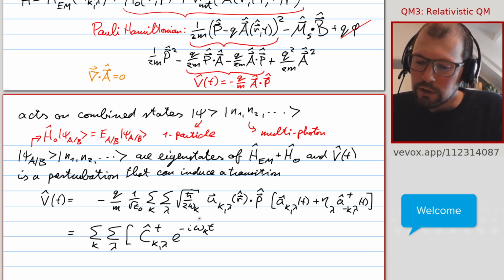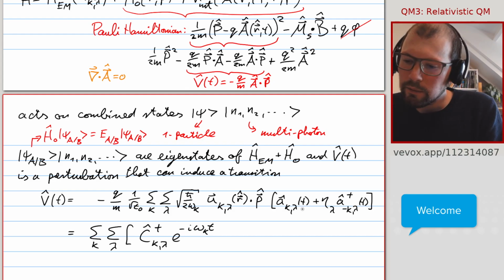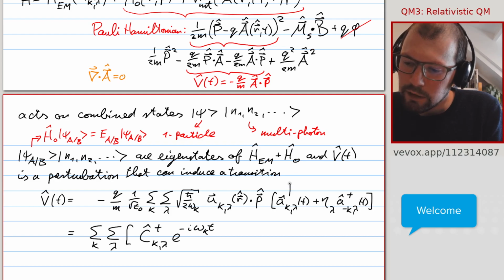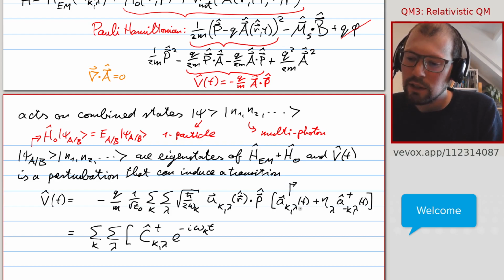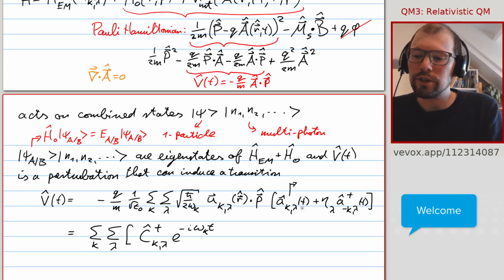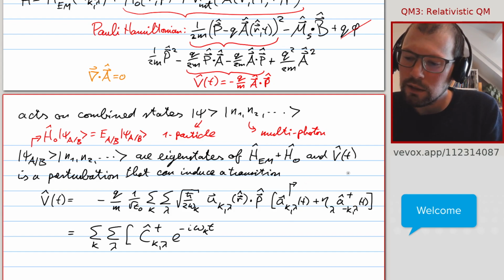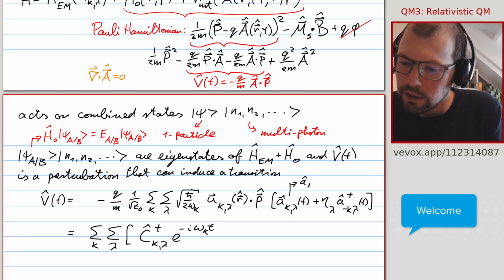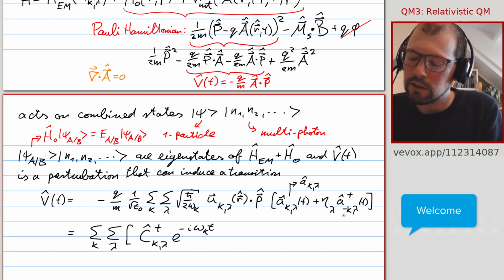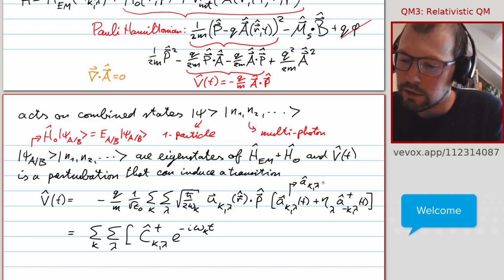So where is this positive frequency mode here? Well, remember that by definition, this annihilation operator, depending on t, was the time independent annihilation operator times e to the minus i omega k t.